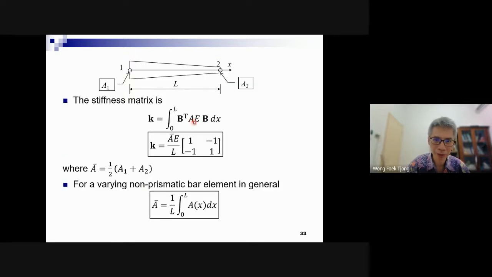The details of the computation are again in my book. And then you will get the same result, but with the A here being the average A. This is the final result that I got when I wrote the book.